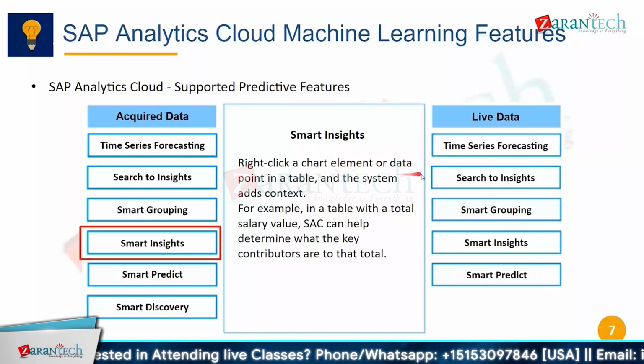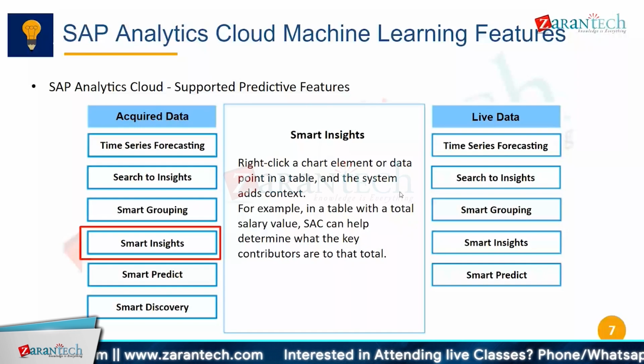If you are showing total sales or total salary, and you want to see why this value is so much, or what contributes to this value, that is called key contributors or key influences. You can clearly see the key contributors using smart insights. Smart insights will generate information like what are the key contributors that are resulting in this total value.